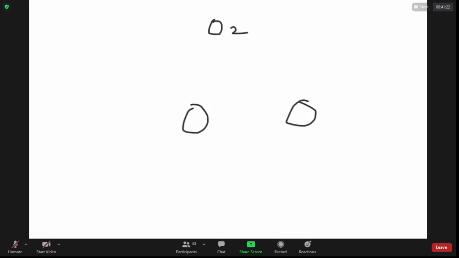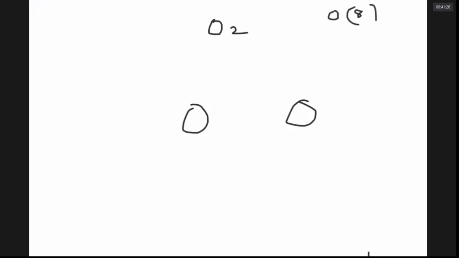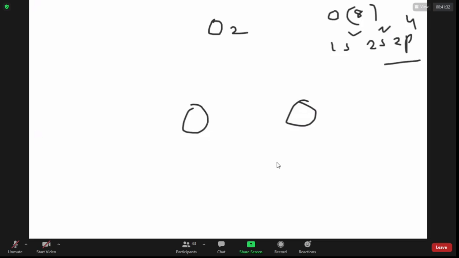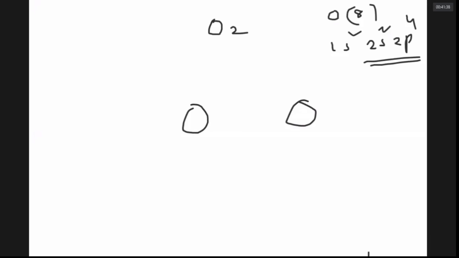Let us try to write the Lewis dot formula for O2. How many oxygen atoms are there? 2. What is the electronic configuration of oxygen? Atomic number 8. 1s2, 2s2, 2p4. So how many valence electrons does oxygen have? 6. 2 oxygens have how many electrons in the valence level? 12.